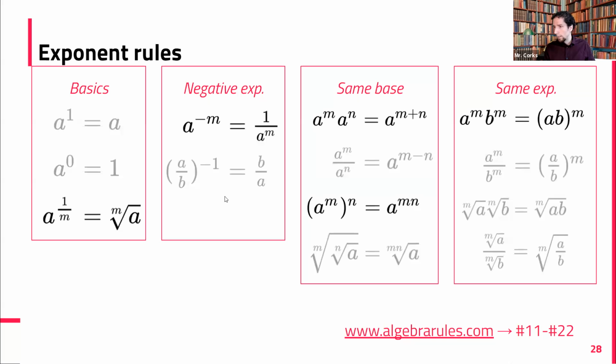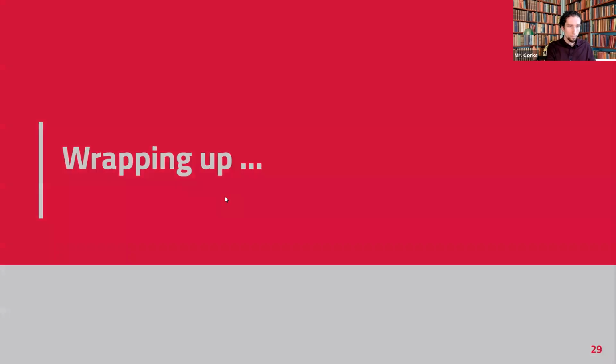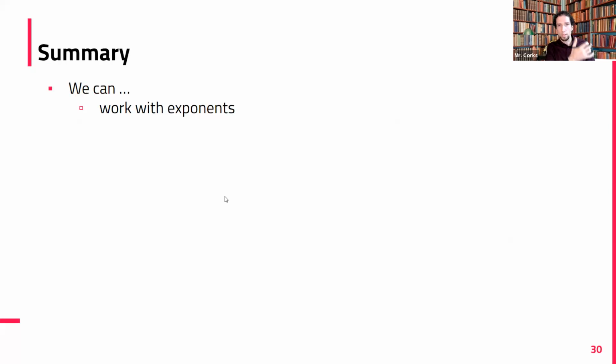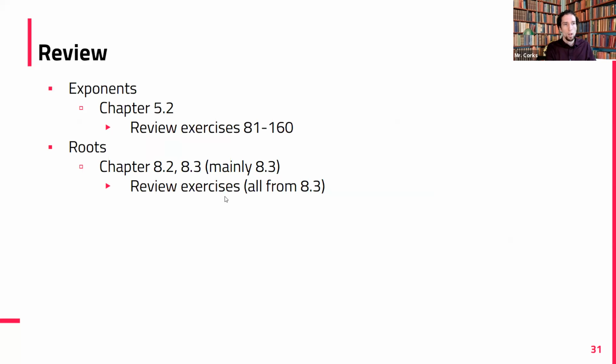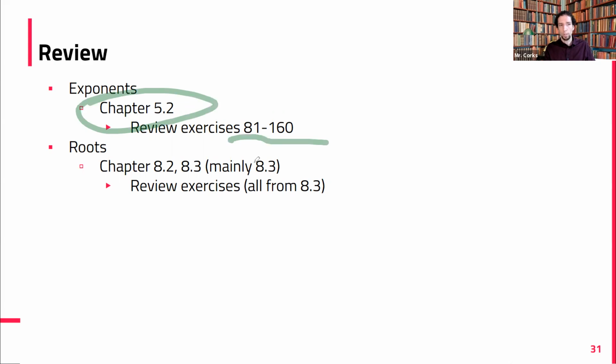Okay, that's the exponent stuff. Hopefully, working with exponents, this is coming back to you if you had forgotten some of that stuff. I have a whole bunch of review questions recommended here in the exponents, chapter 5.2 in our textbook. All these questions here are a good review on that.